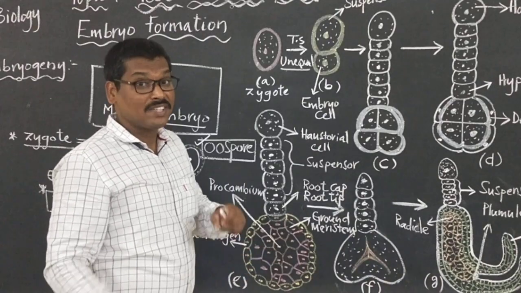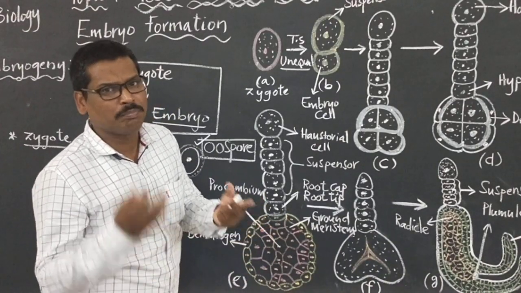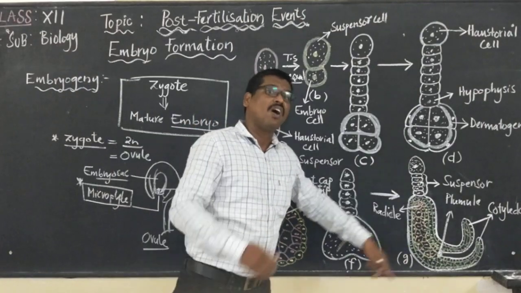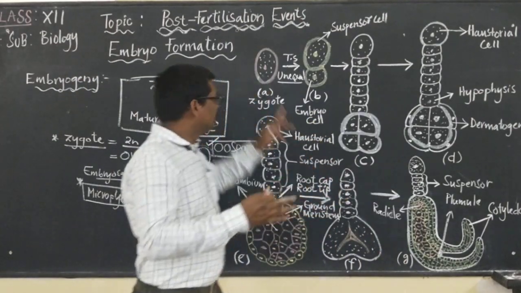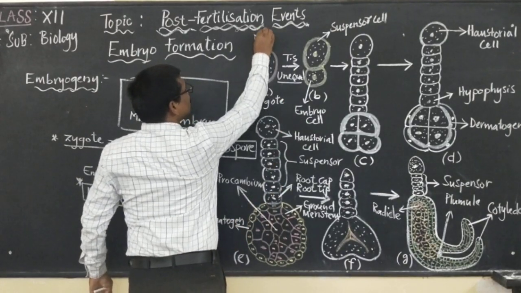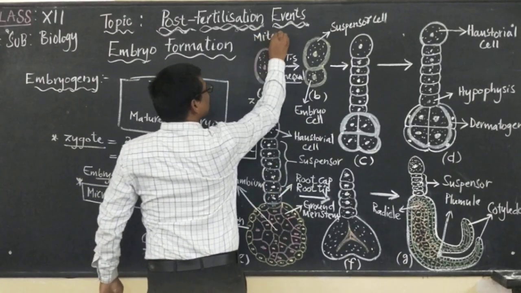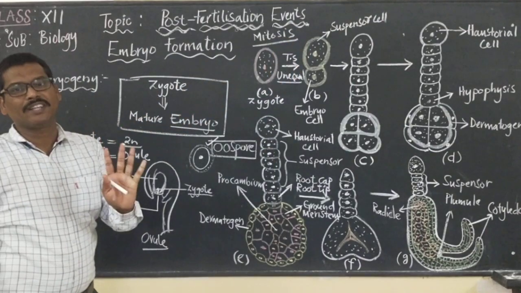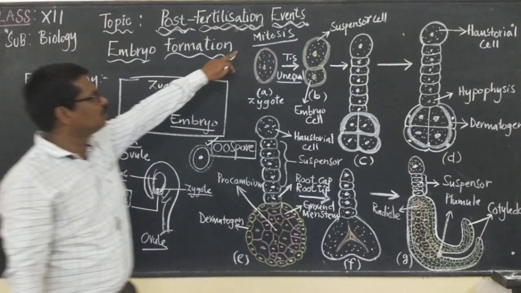Now we said division. Please remember, once the zygote is formed, until it forms the mature embryo, it undergoes only mitosis. All the embryo is formed by mitotic division only. This is also an important point.